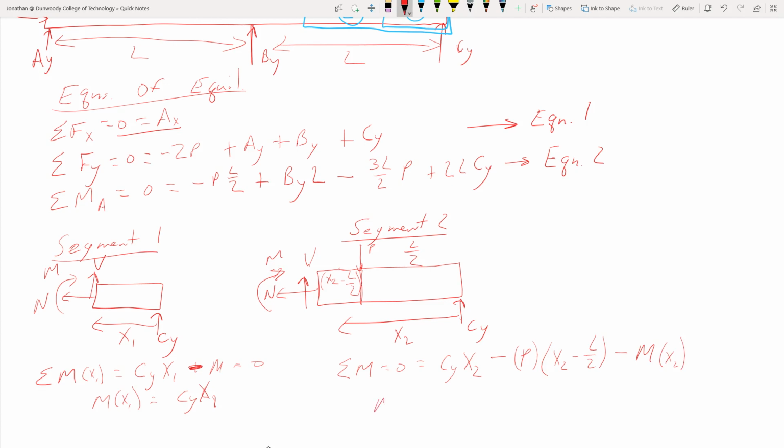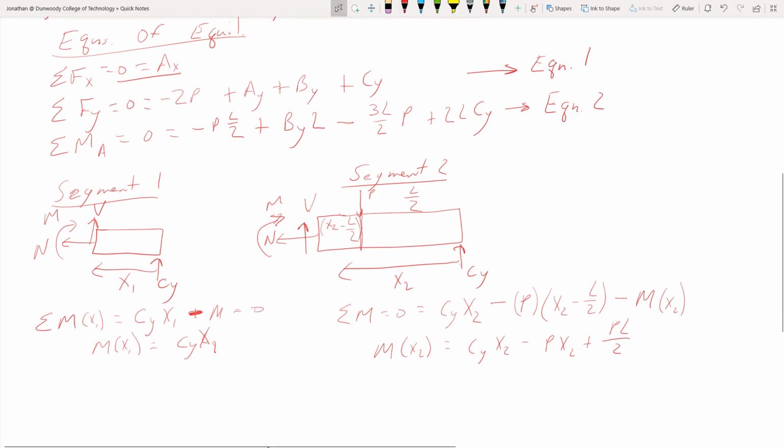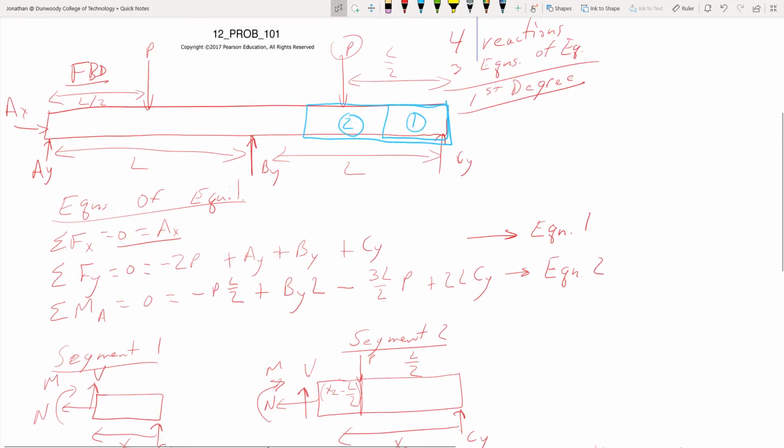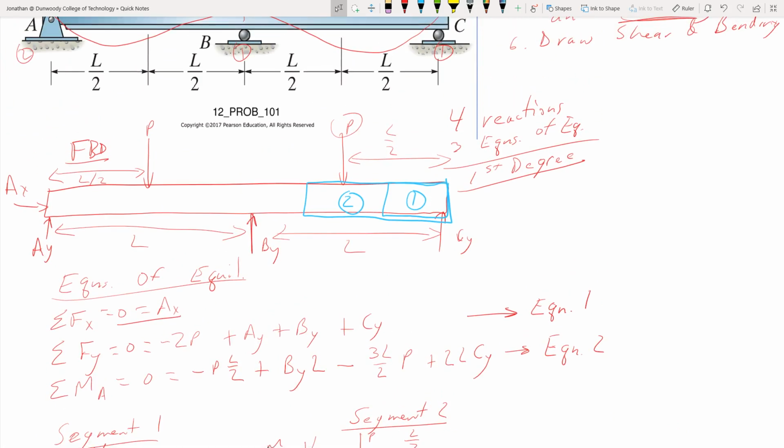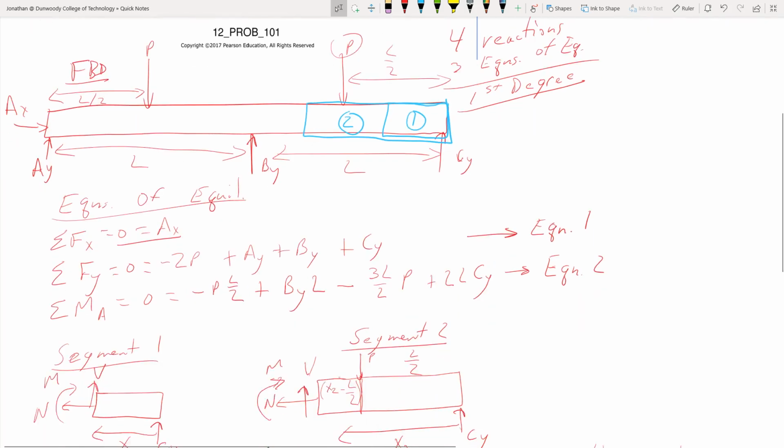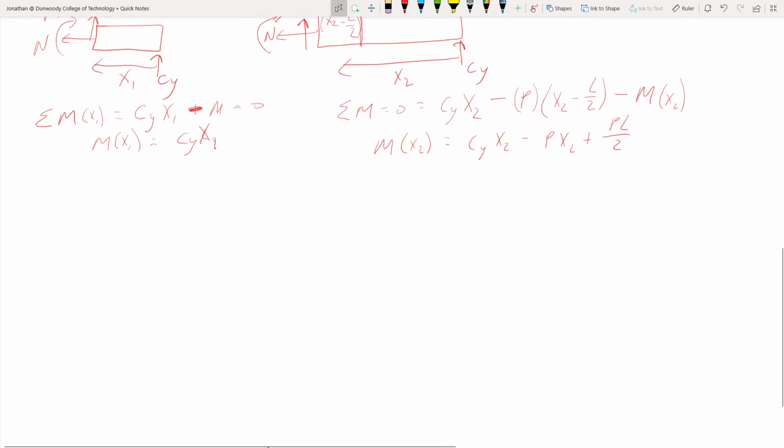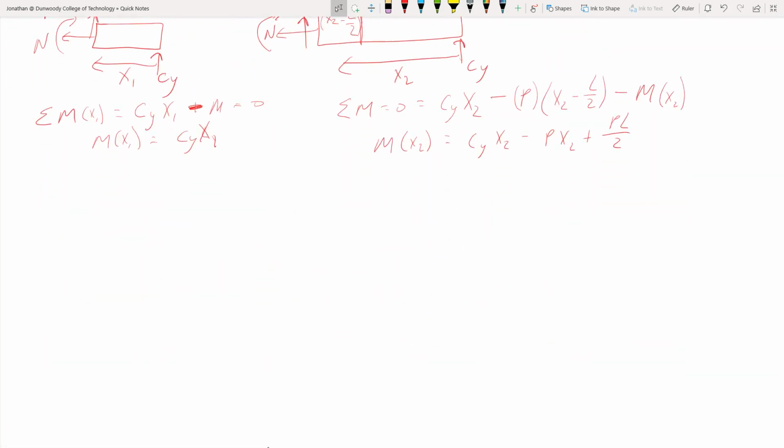So as I rearrange that, m as a function of x2 equals Cy x2 minus P times x2 plus PL over 2 as I multiply those two together. Alright, so I've got those two pieces. And one thing to note here is we'd expect to see the same thing on either side, right? If I started on this side or that side, I'd get the same equations here. I just picked the right side.